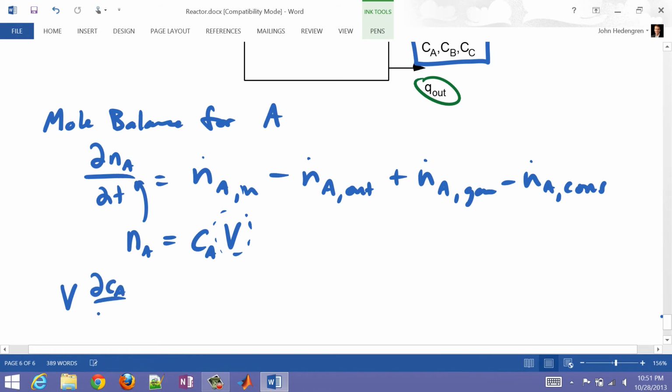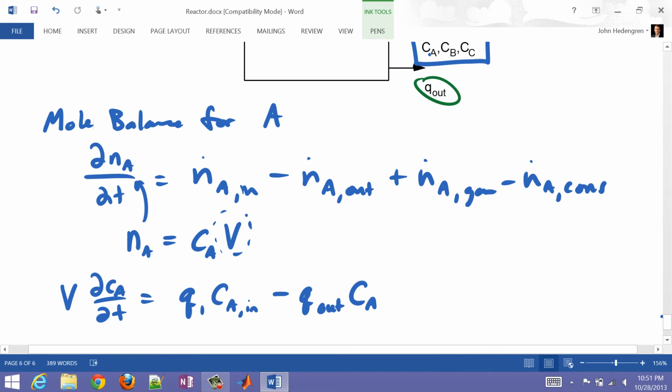So volume times dCA/dt is going to equal, then the A coming in is just going to be Q1 times CA in. And then the concentration leaving is just Q out times the concentration within the tank.